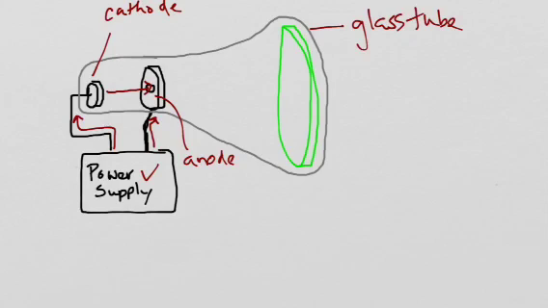If we did not have an anode here, these little particles would actually just stick around the cathode. They would just be stuck here. But because the anode is basically the opposite of negative, it's got a positive charge to it, and the cathode has a negative charge, opposites attract.